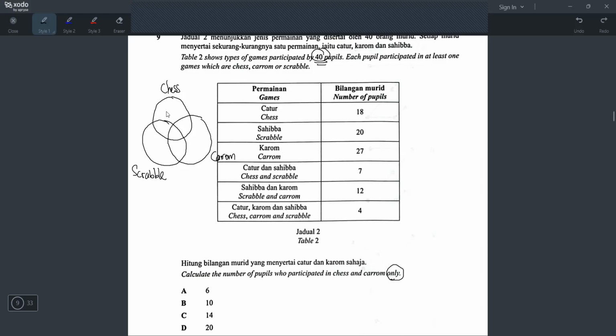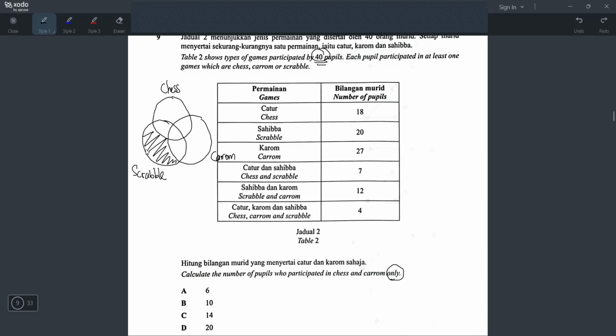So let me ask you, what is this circle? Chess. What is this circle? Scrabble. What is this circle? Carom. But what if I ask you this part? What is this part? This part is not Scrabble.